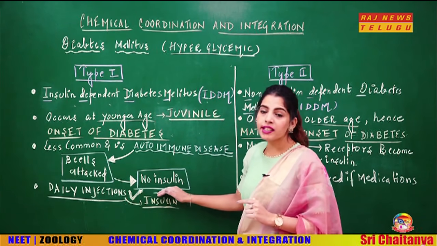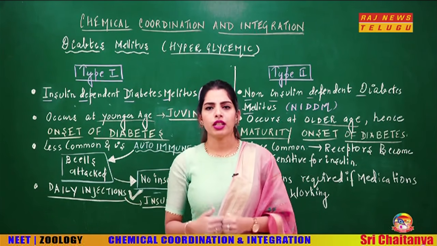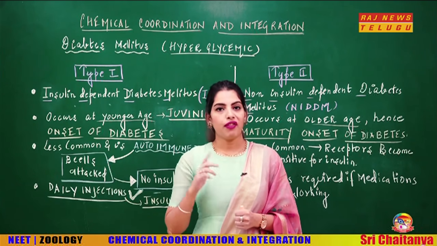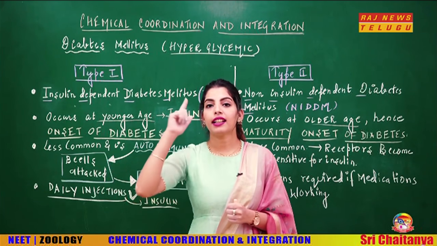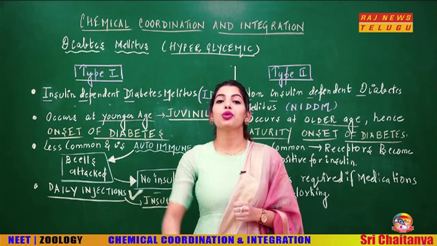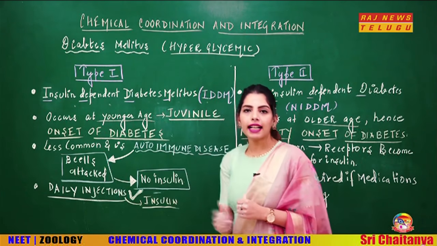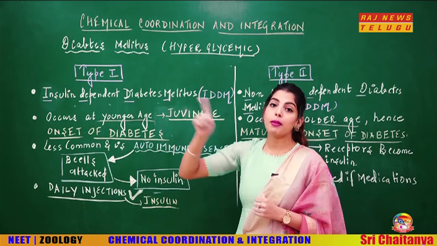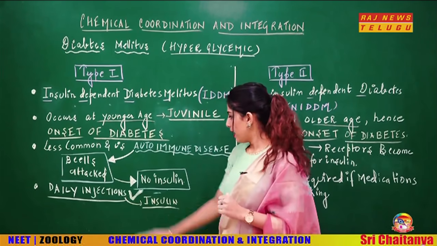If you have no insulin, then insulin functions will not be performed. And the function of insulin was to reduce the blood glucose level. If insulin is not there, blood sugar level will be high. That is the hyperglycemic condition. And since in this condition you see a deficiency of insulin, that is why it is called insulin dependent diabetes mellitus.